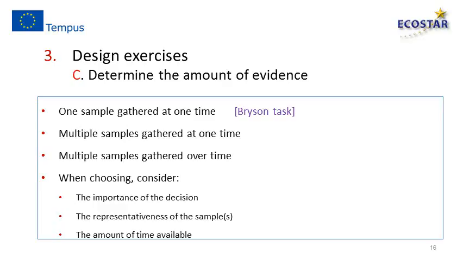Sometimes you have multiple samples gathered at one time. For example, you could have a day of testing. Again, in academia, it's not that usual, but at some testing centers, someone might go through, for example, when they do the IELTS test, they have a reading comprehension section, they have a listening section, they have a writing section, there's an oral section, there's a lot of samples, usually gathered all at the same time.